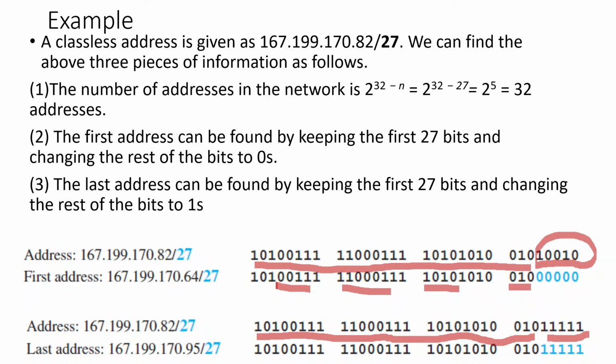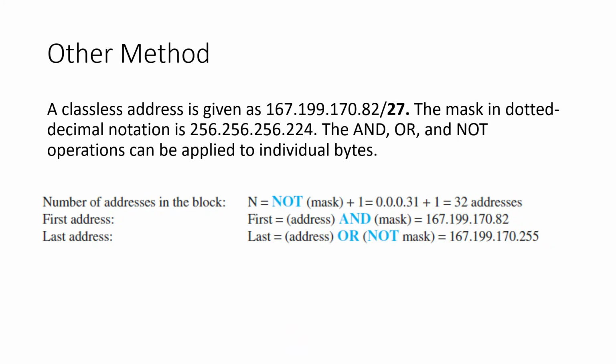This is the last address. This previous one is one kind of method, and this is another method to find the total number of addresses, the first address and the last address in this range.